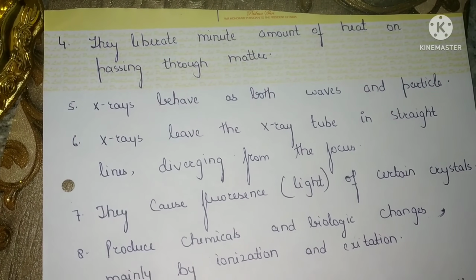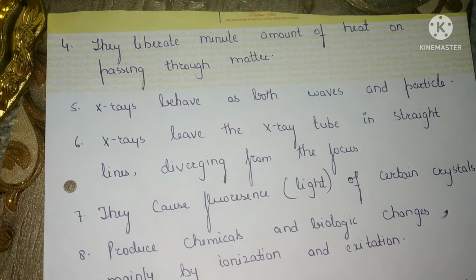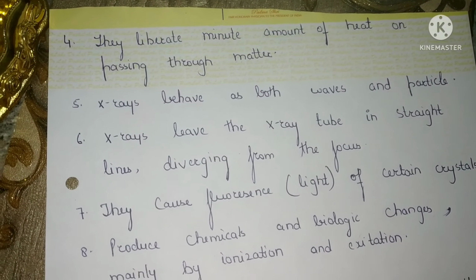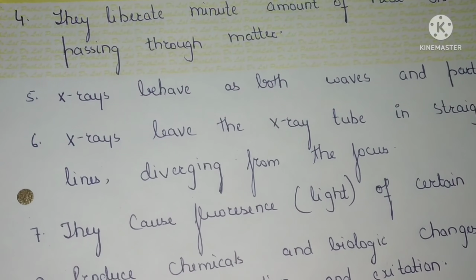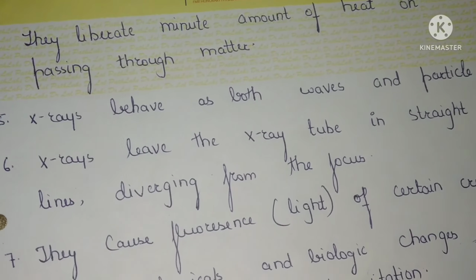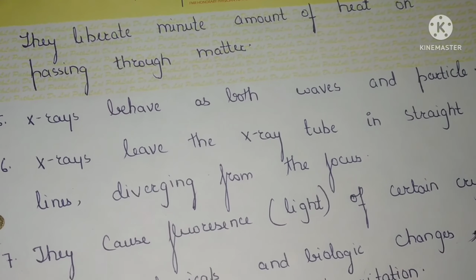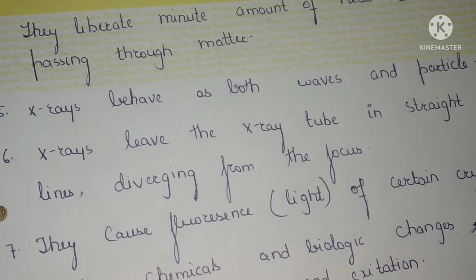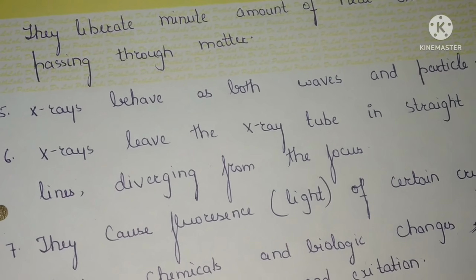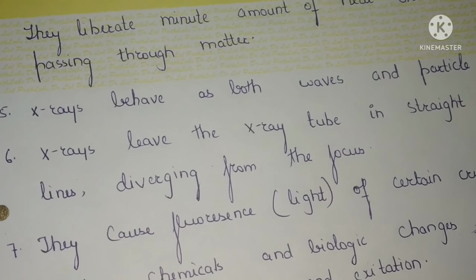The fifth property says X-rays behave as waves and particles, as already mentioned in my previous lecture. Why do they behave as both waves and particles? Because they are electromagnetic radiations, and electromagnetic radiations behave both as waves and particles, same as light.